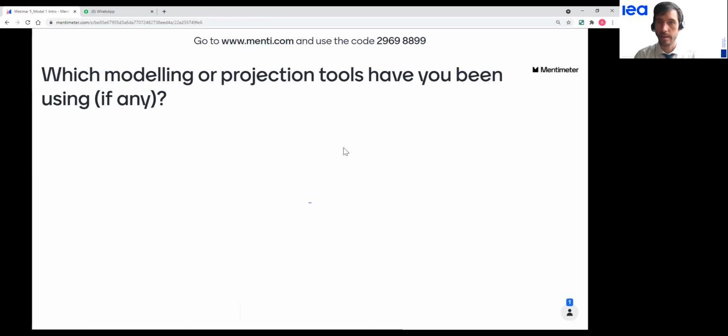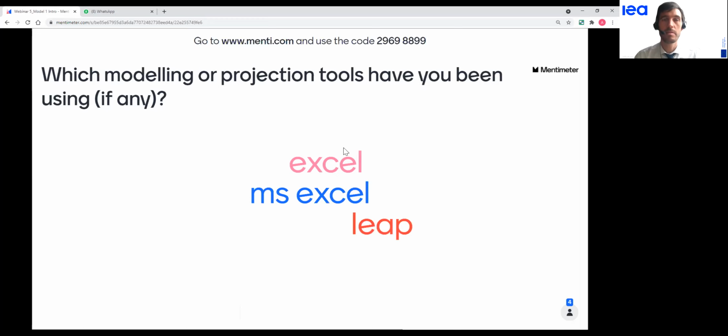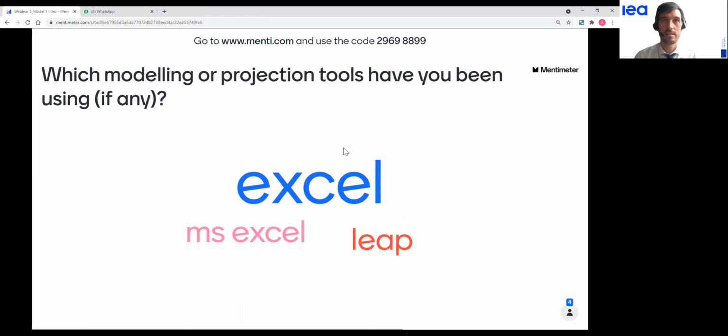And tools can be Excel, of course, and we will mostly work under Excel during this online training, since it's enabled to do many things already. Okay, Leap, you can see Excel.